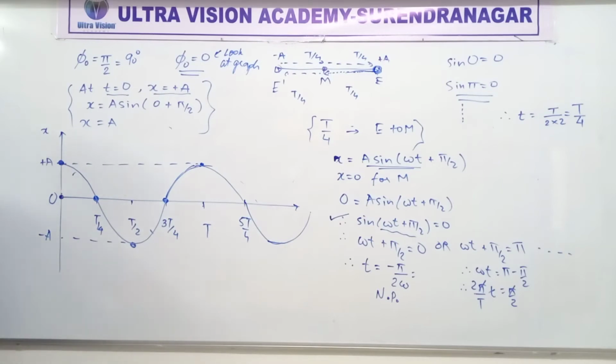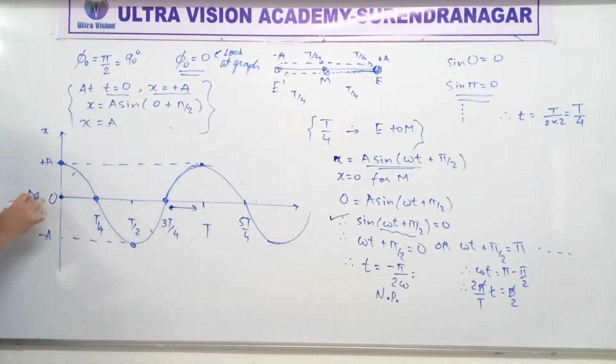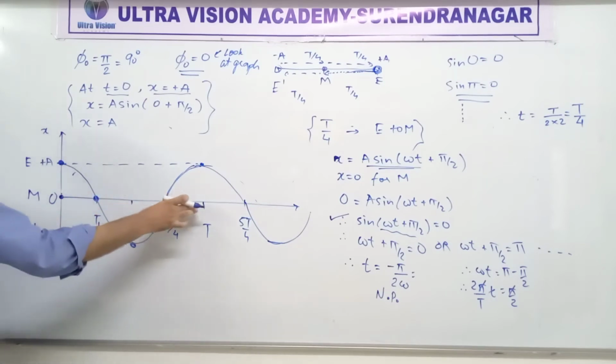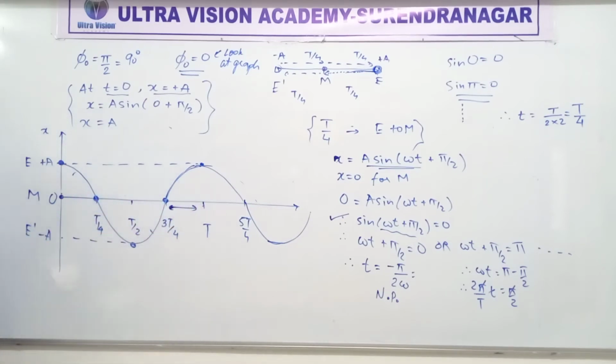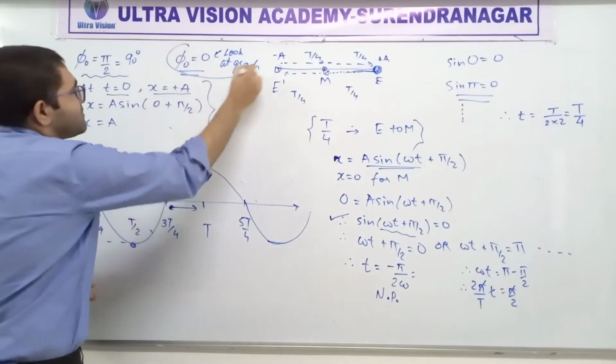Hopefully Raj, now you have understood that every time you go between mean position and extreme position, it takes T by 4 time. So here T by 4, over here T by 4, over here T by 4, and over here also T by 4. I hope now it's completely clear. So what's the difference between this graph and this graph?